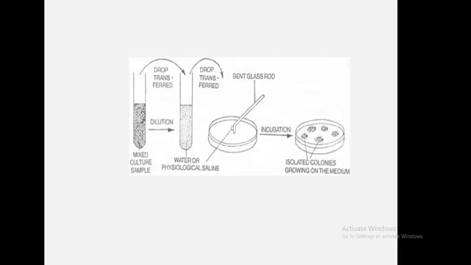Take a drop from the mixed culture sample and add it into 10 ml of water or physiological saline solution to dilute the sample. Take a sample from the mixed culture tube, add it into the water test tube, then take one drop and add it onto the agar plate.